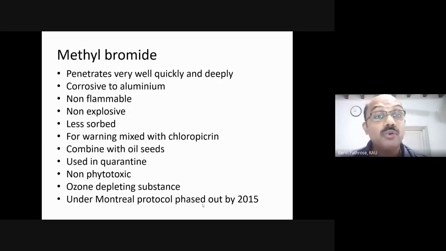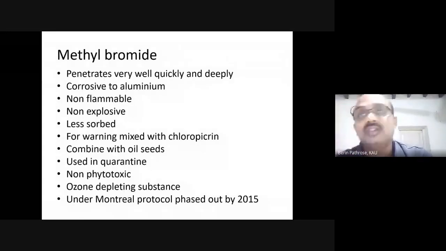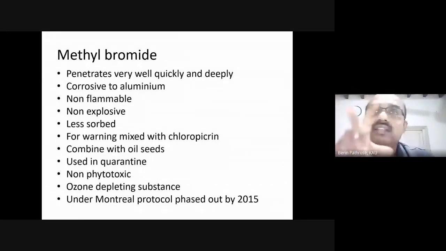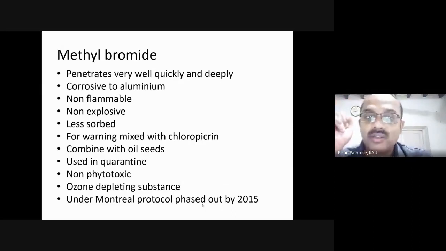In quarantine, if you want to fumigate plant material, say you are importing a seedling or an ornamental plant, there is a chance of a pathogen or an insect gaining entry through the import. Most of the fumigants which we have studied till now are phytotoxic. They can't be used. And methyl bromide is not at all phytotoxic. It is very effective. We can fumigate it.